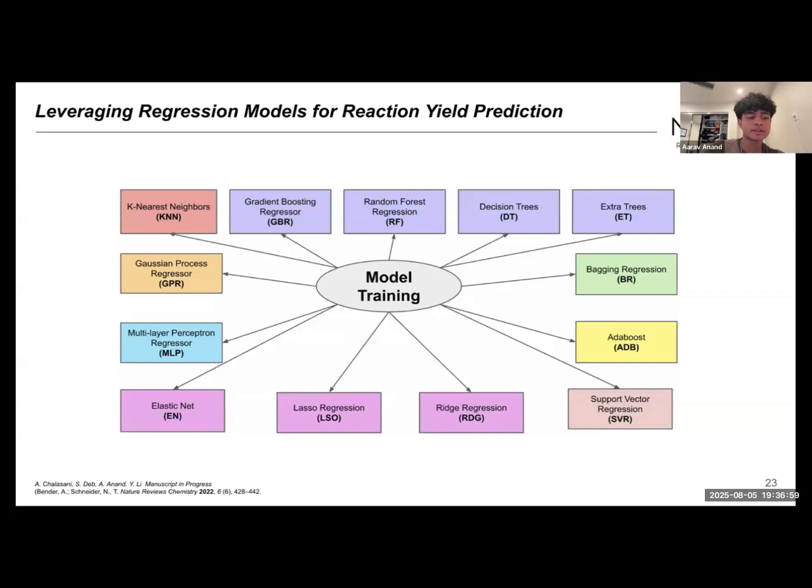We decided to train 13 machine learning model architectures for this task of yield prediction, which include architectures from ensemble models to linear models to neural networks and to kernel-based models as well.